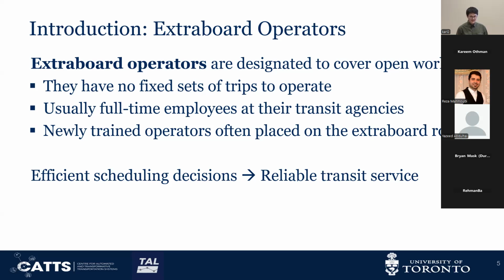Unlike regular duty operators, these operators do not have fixed sets of trips to operate on a daily basis. But they are mostly still full-time employees at their transit agencies, so they're subject to the same union rules as other full-time employees. And it is a common practice to place newly trained operators on the extra board roster.